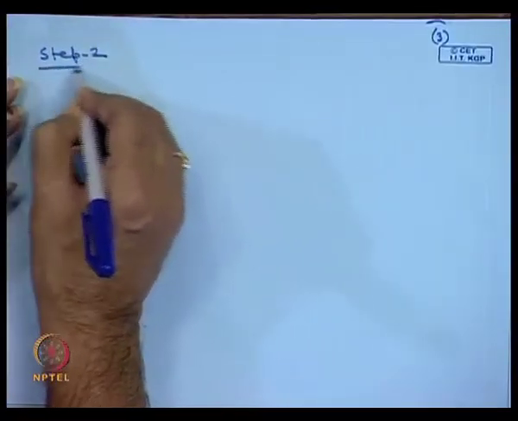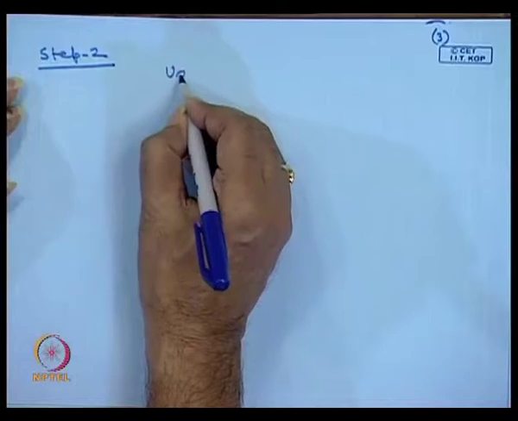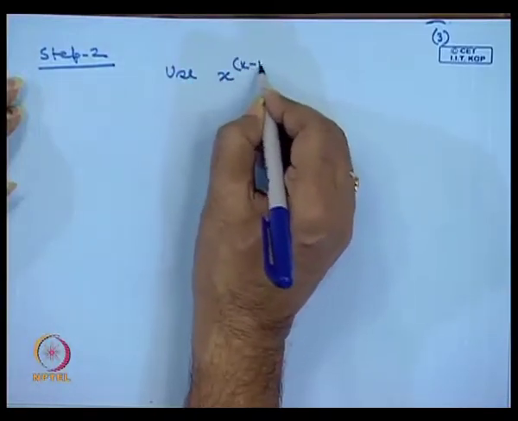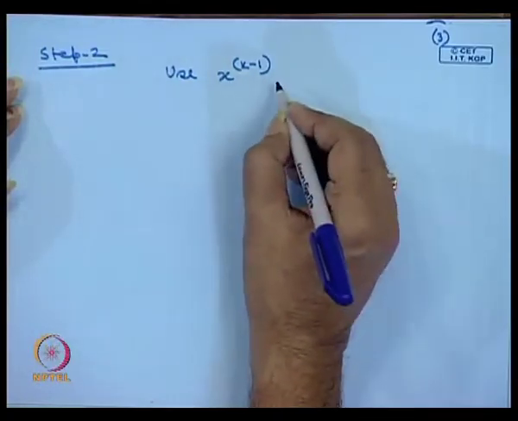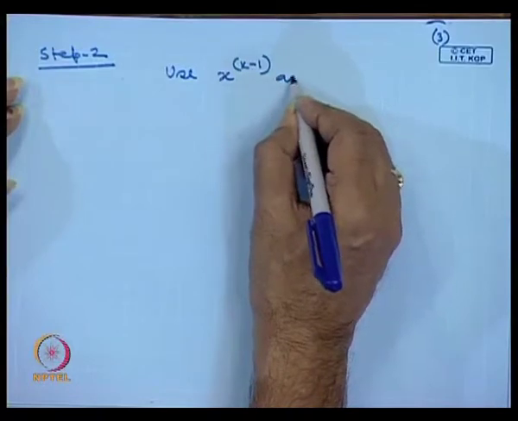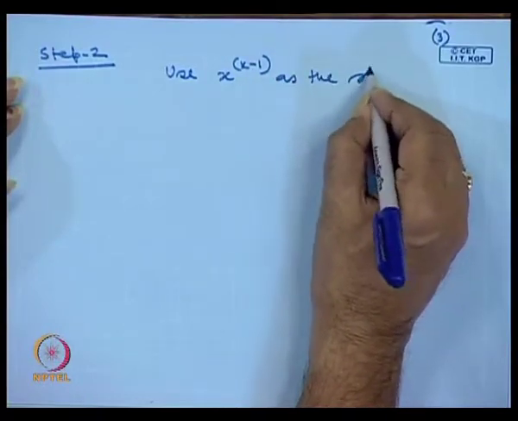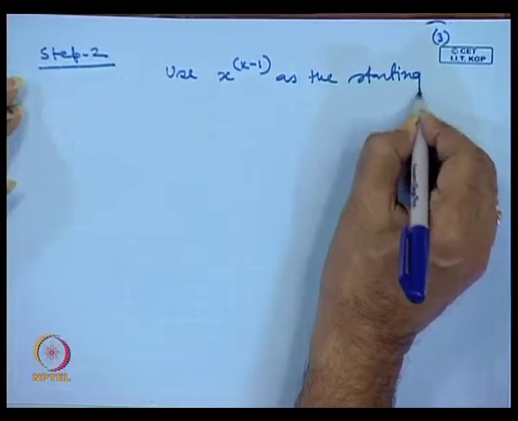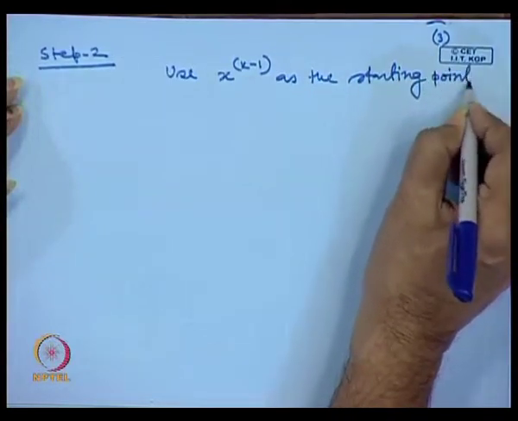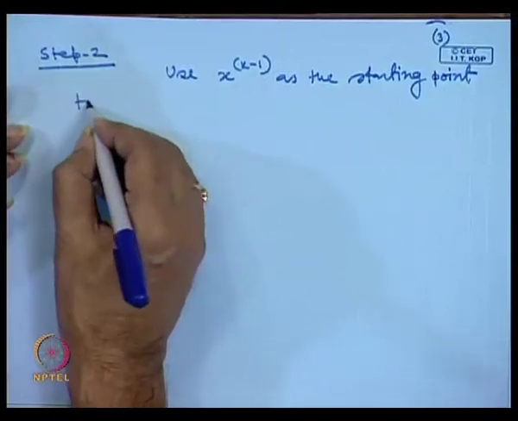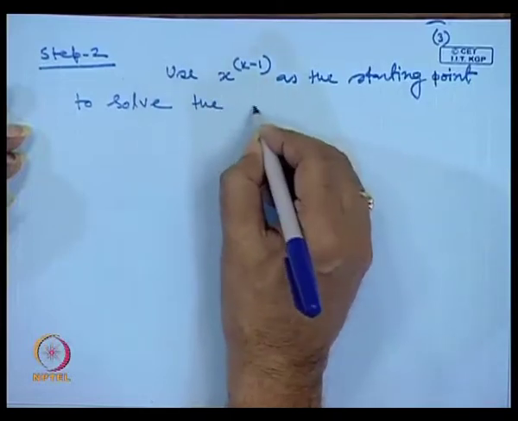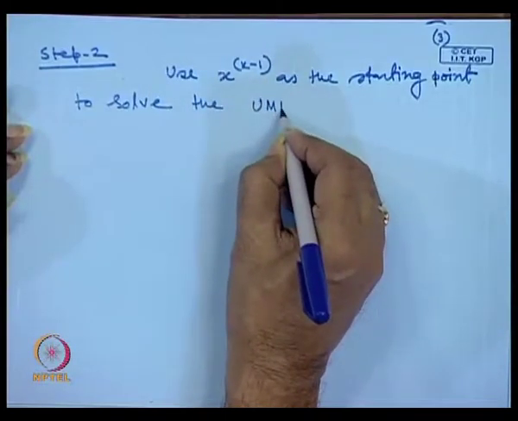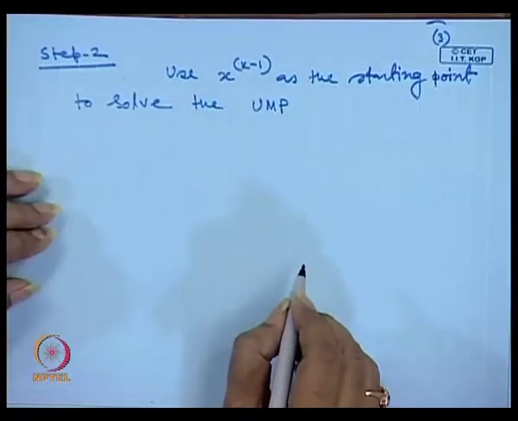Next is step 2. Use x superscript k minus 1, that is, for the first iteration, whatever initial starting point you have considered, use that value. Use x k as the starting point to solve the unconstrained minimization problem, UMP.